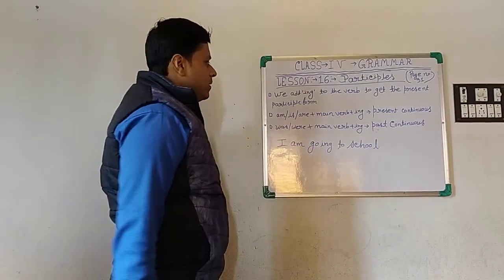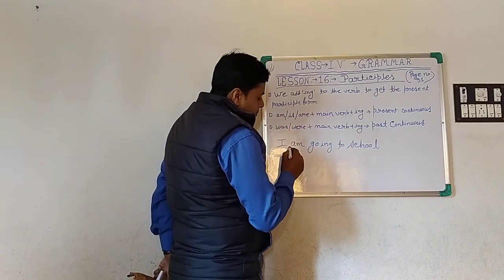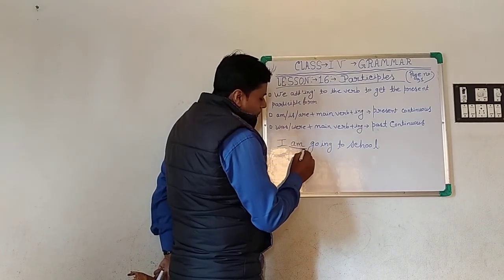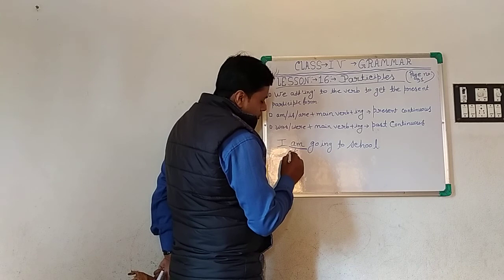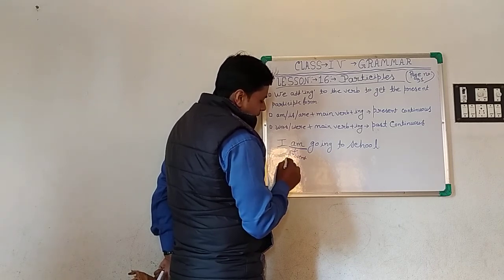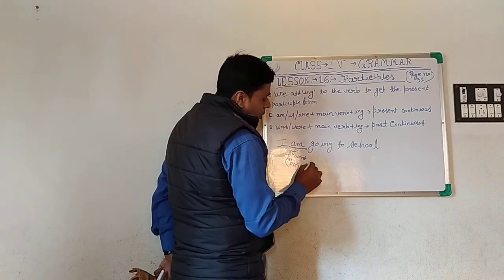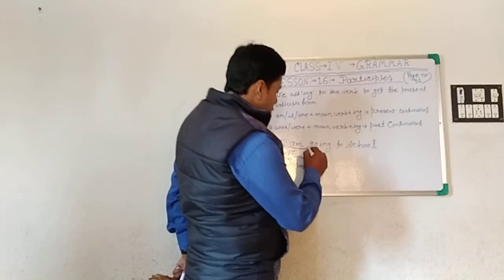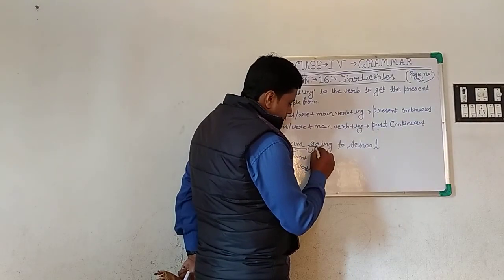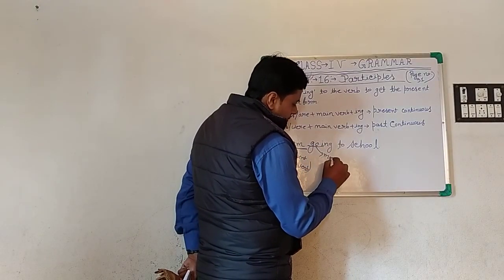Okay. We all know that am, is, are are forms of the be verb, and it is in the present form. So present, and it is part of the be verb. You all know it. Okay. Go, it's the main verb.